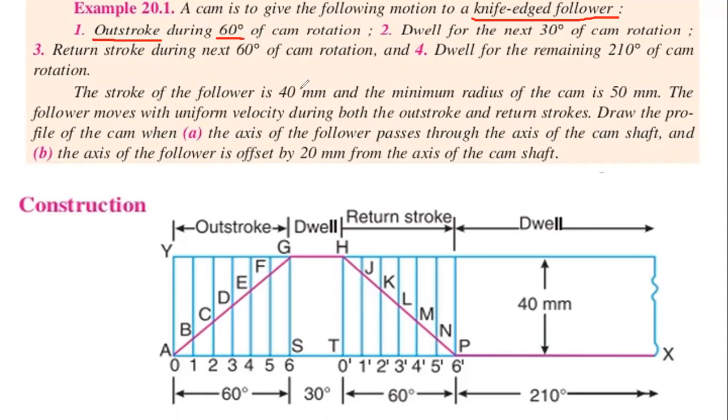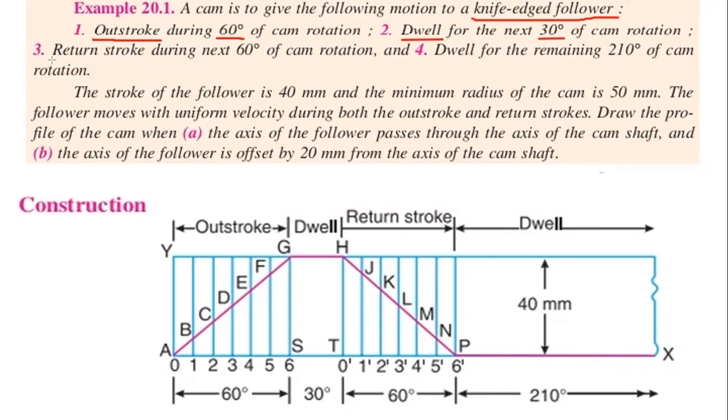First we are going to start with the outstroke only. Then dwell for the next 30 degrees. So the next step is the dwell, which has 30 degrees of cam rotation.